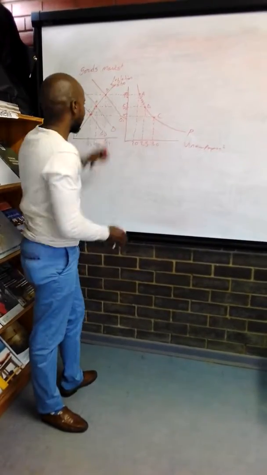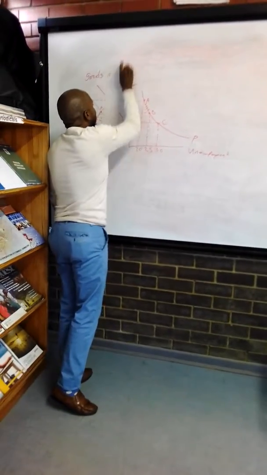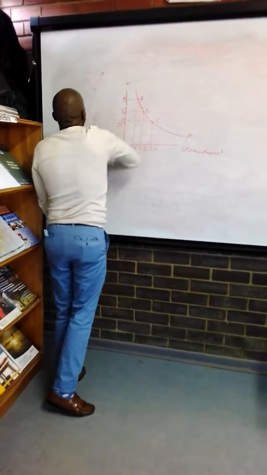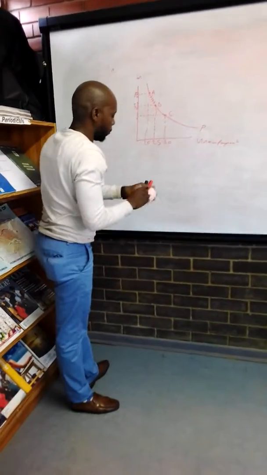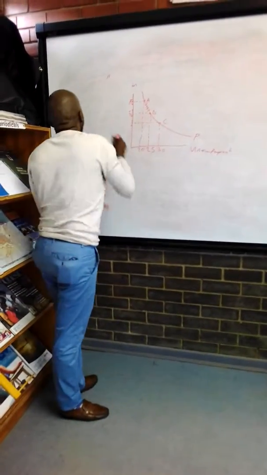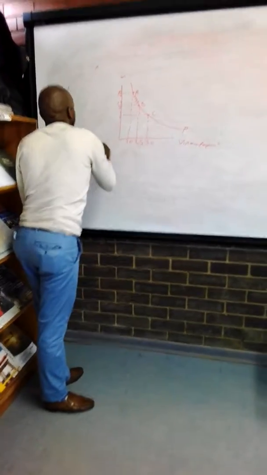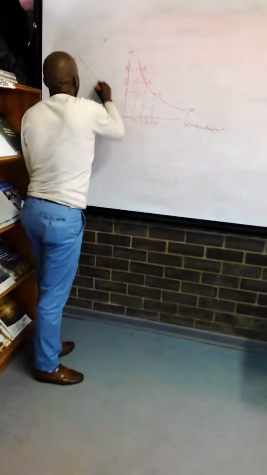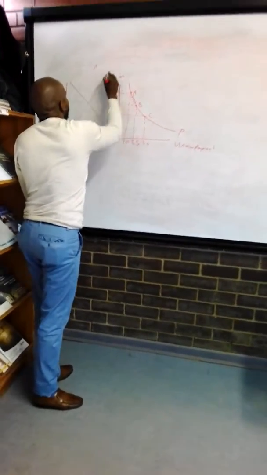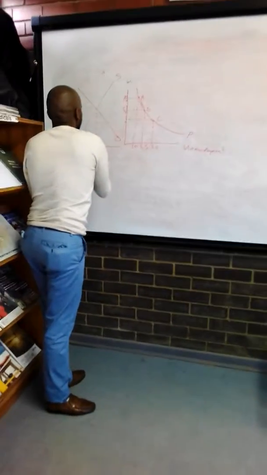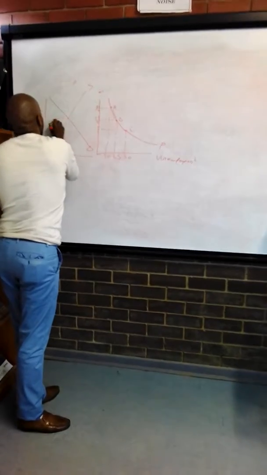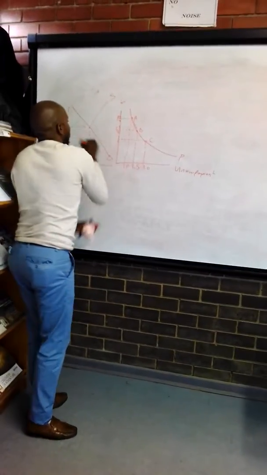Can we show that in a graph? Now we are going to use a Phillips curve showing a supply side approach. Supply, demand, and then we've got our quantity, we've got our price.